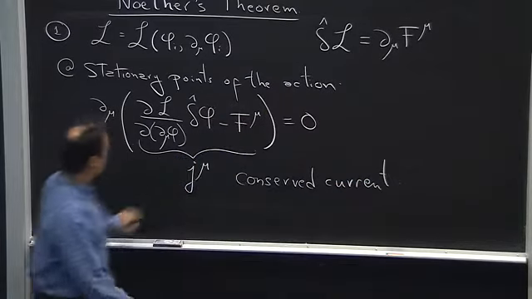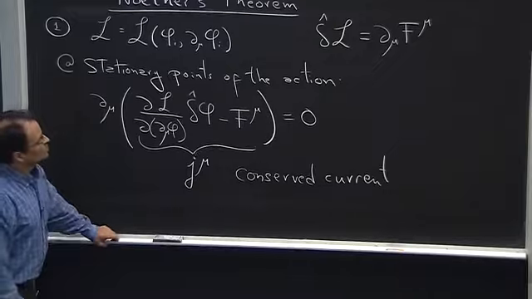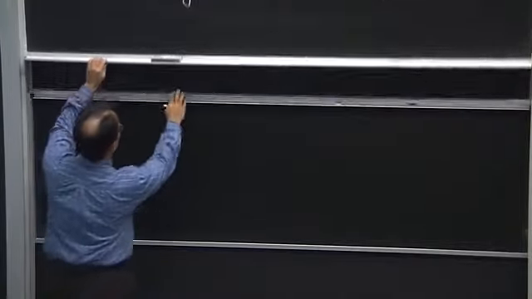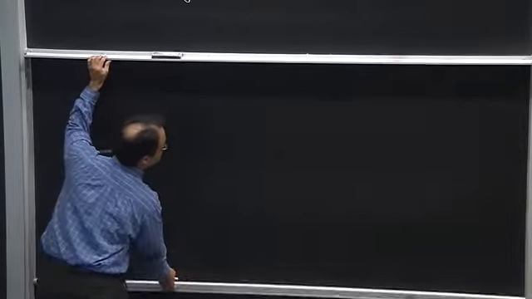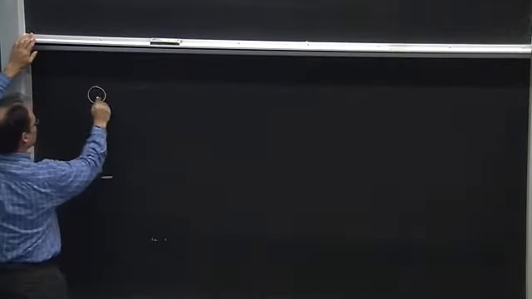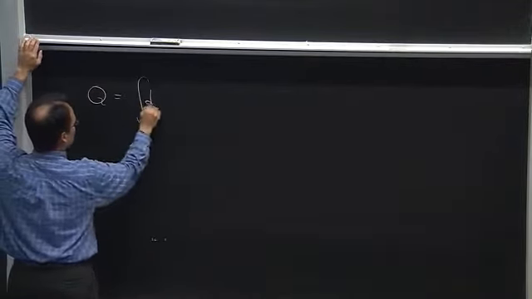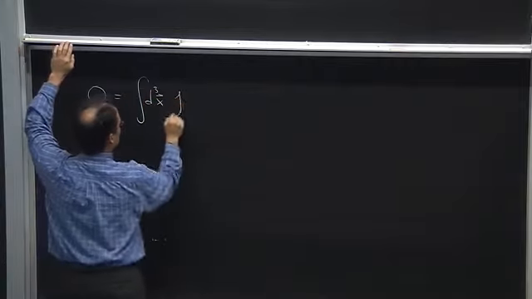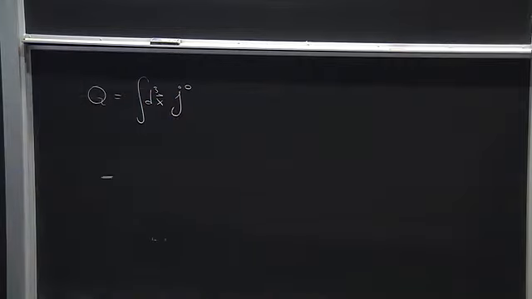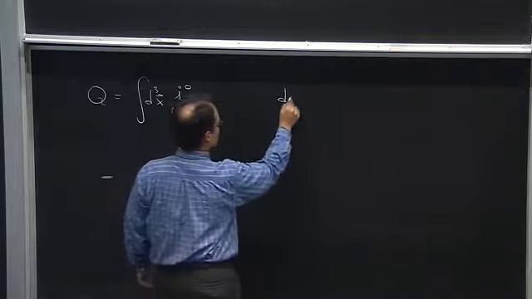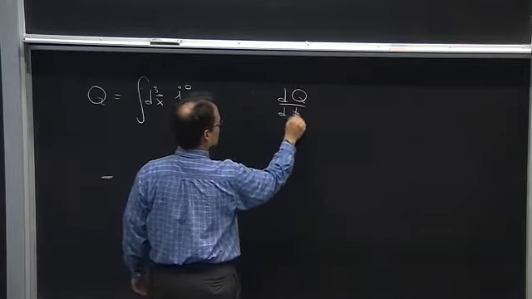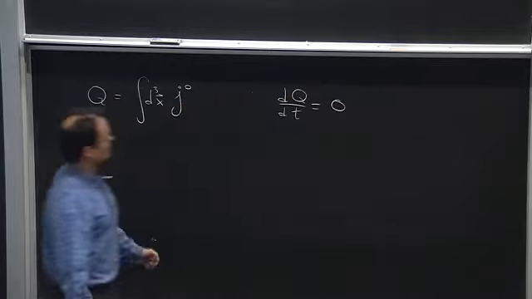We also said that once you have a conserved current, you could define a conserved charge by just integrating over the space the 0th component. And from here, we can learn that the total derivative with respect to time of this quantity is 0.